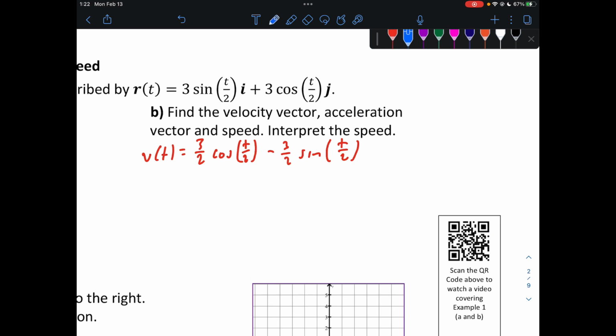And don't forget to put in your i and your j. And our acceleration vector would just be the derivative of that. So it would be negative 3/4 sine t over 2 i minus 3/4 cosine t over 2 j.